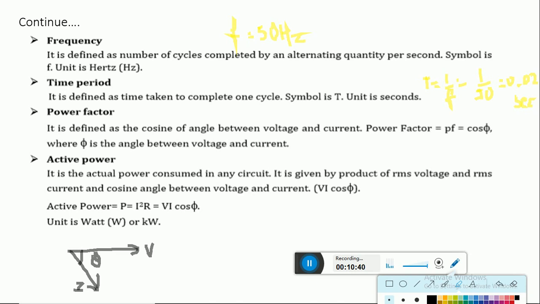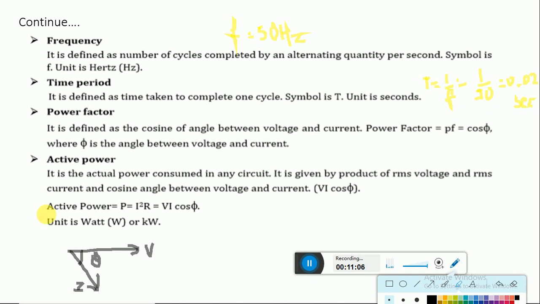So that 1 ton and 1.5 tons indicate the power consumption of that air conditioner. Now active power is the actual input power consumed by the circuit, and it is a product of voltage, current and the power factor cos phi.